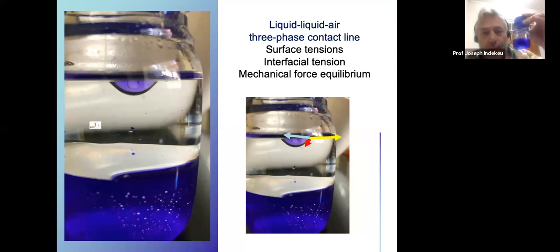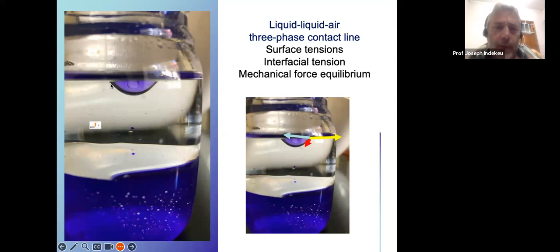What you can see in the picture, I'm now going to move my cursor also to indicate, is a drop of the heavier phase, which is suspended from the upper interface against air.